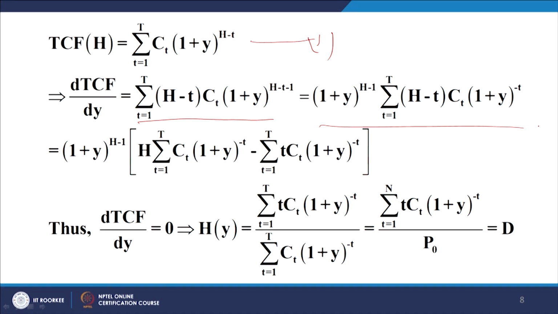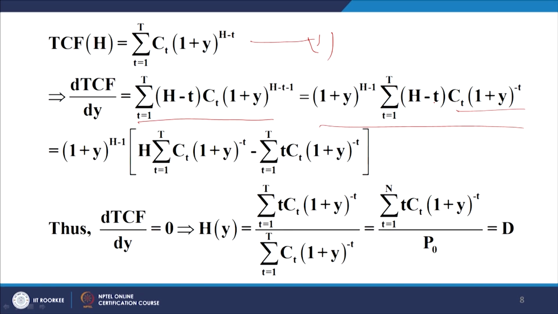Now, I split this second summation term into two parts. The prefactor, (1 plus y) to the power h minus 1, is written as it is, and as far as the second term is concerned, I multiply the post factor with both the terms h and t, and then take h outside the summation.